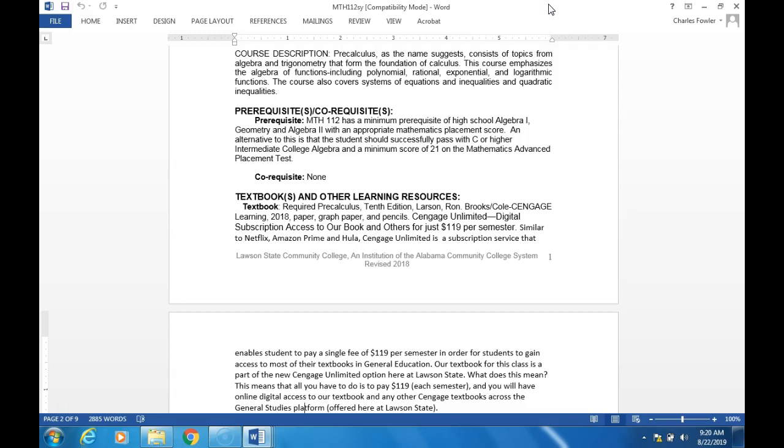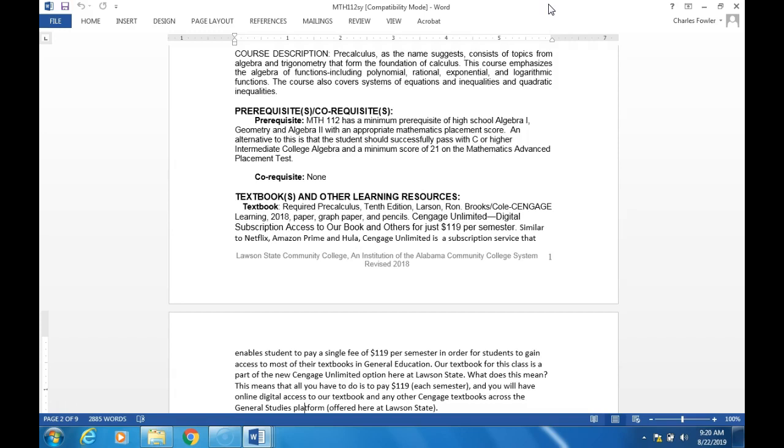Pre-calculus, as the name suggests, consists of topics from algebra and trigonometry. Now, trigonometry is the 113 part, not this part, that form the foundations of calculus. This course emphasizes the algebra of functions. Remember that.